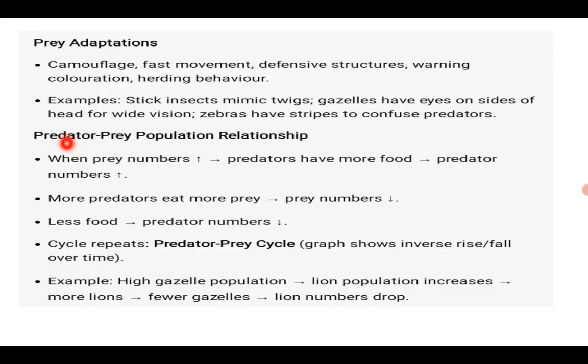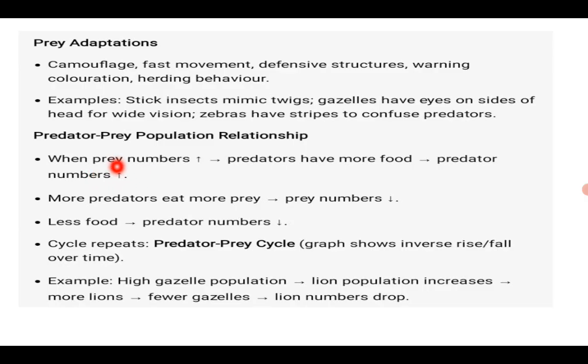So how does the predator and the prey population relationship work? Let's suppose that in a particular ecosystem, there's an increase in the number of prey, the animals to be killed and eaten. That would mean that predators have more food, and for that reason, the predator numbers are going to increase.